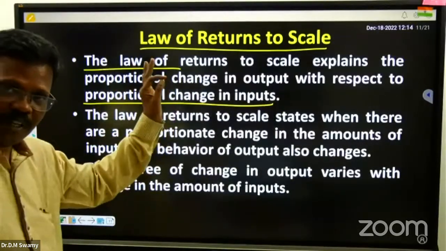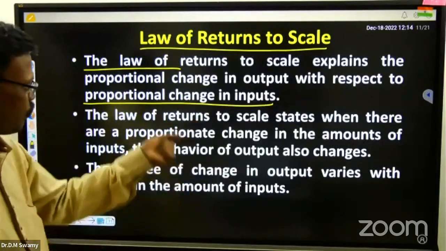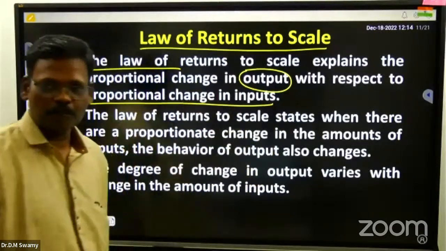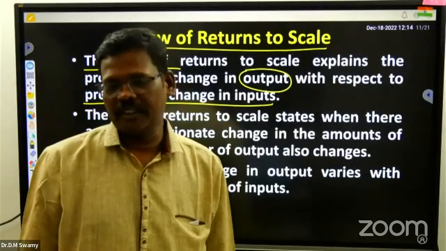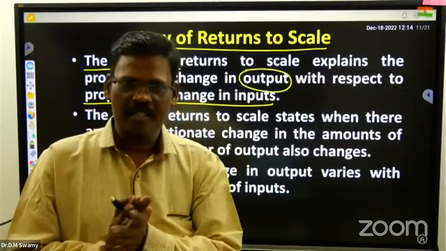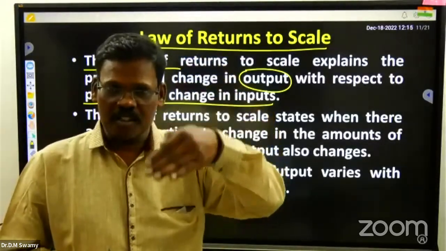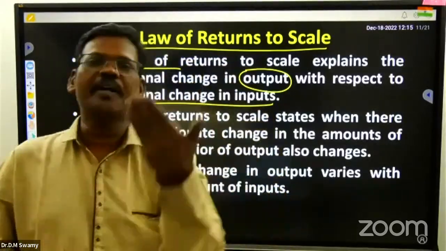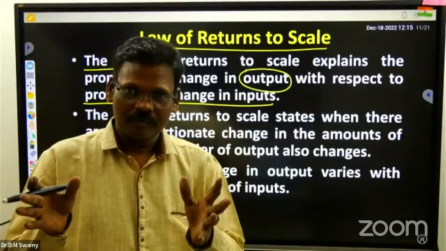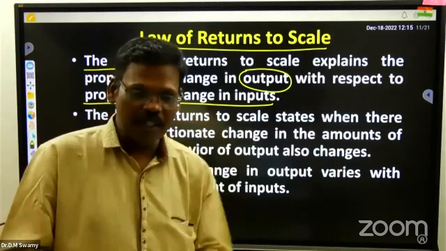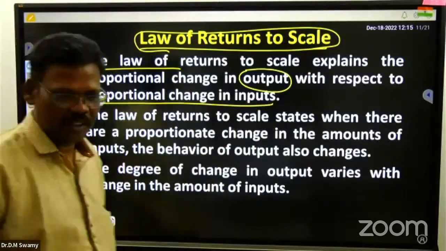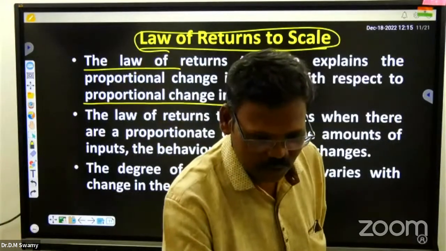So since they are variable, if you want to change the output, all inputs can be changed. So when all inputs are changing, how much the output is going to increase, decrease or remain constant, based on that relation, the returns are explained in the law of returns to scale.